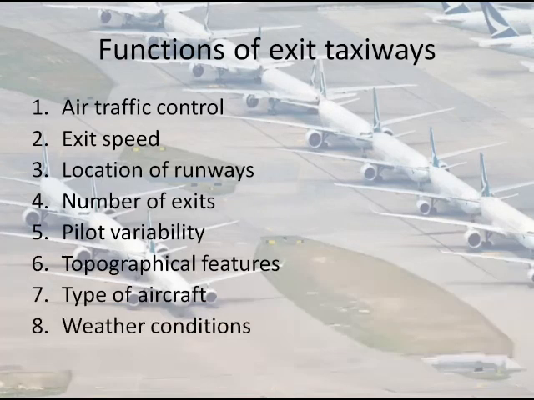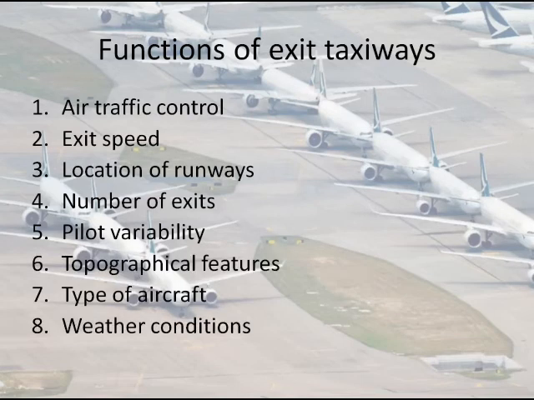The second point is exit speed. The aircraft will require a certain length of runway to bring down its landing speed to the turn-off speed. The maximum speed with which an aircraft can turn and enter the exit taxiway is governed by the type of aircraft. The value of exit speed will decide the location of the exit taxiway.